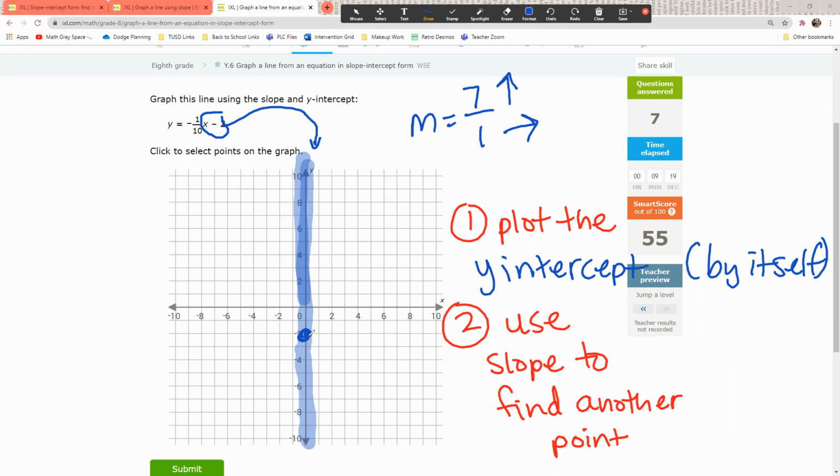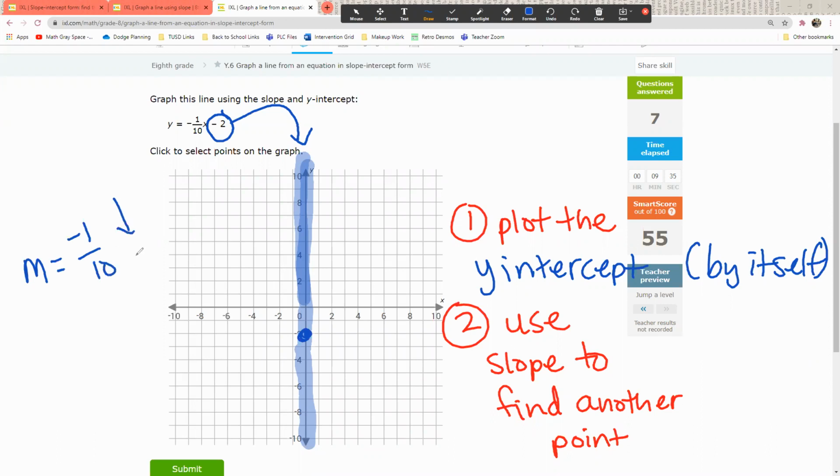So I'd go down 1/10 from here. I'm going to erase some of this stuff. So my slope is -1/10. So down 1/10 is what I need to do. So if I mark this point and go down 1/10, I end up like that.